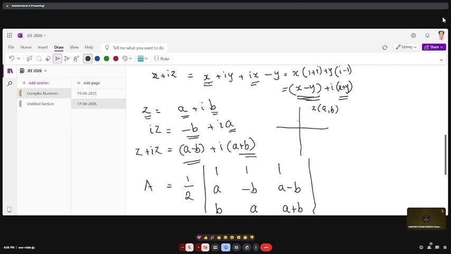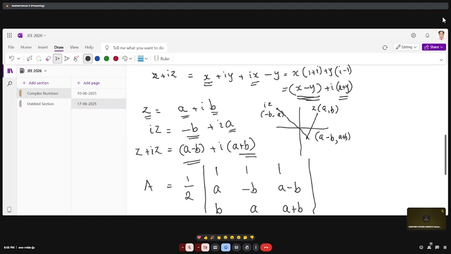The other point is minus b comma a, that is i z. And the third point is z plus i z, which is a minus b plus i into a plus b. Let us say it is somewhere here. We don't know exactly what the values are. So the coordinates are a minus b and a plus b. These are the three coordinates of the triangle. Okay.